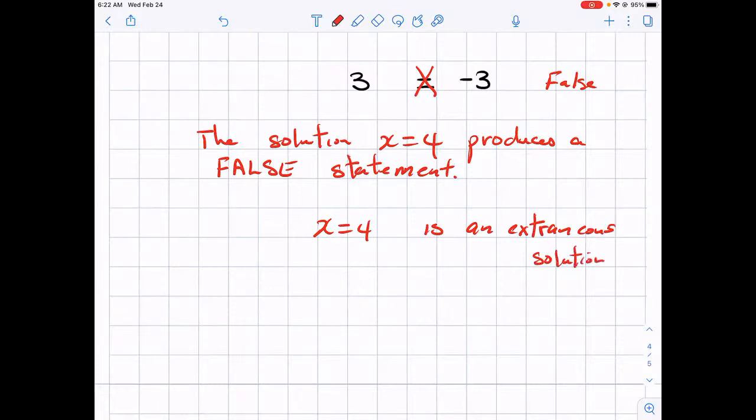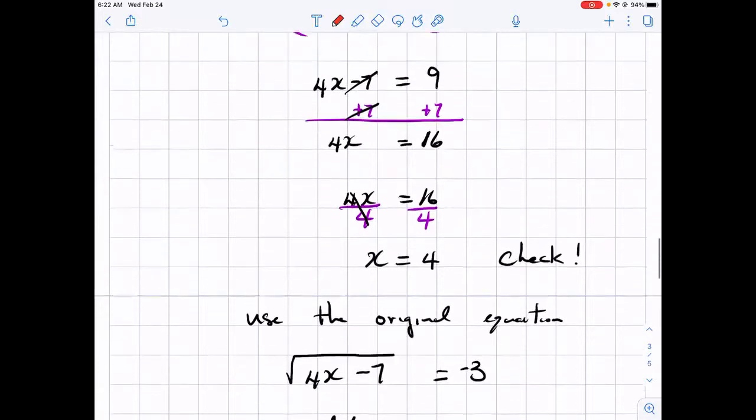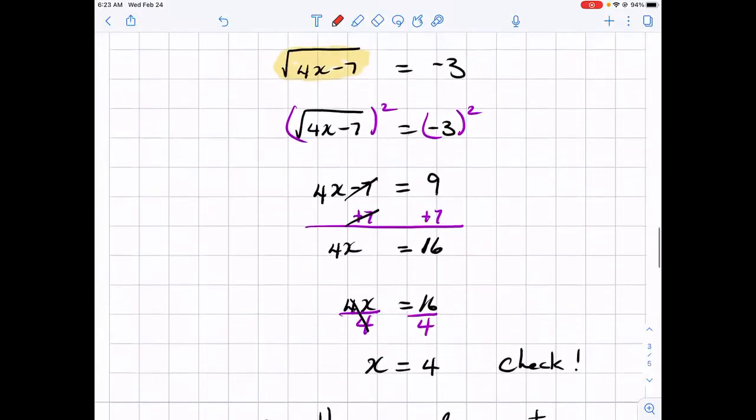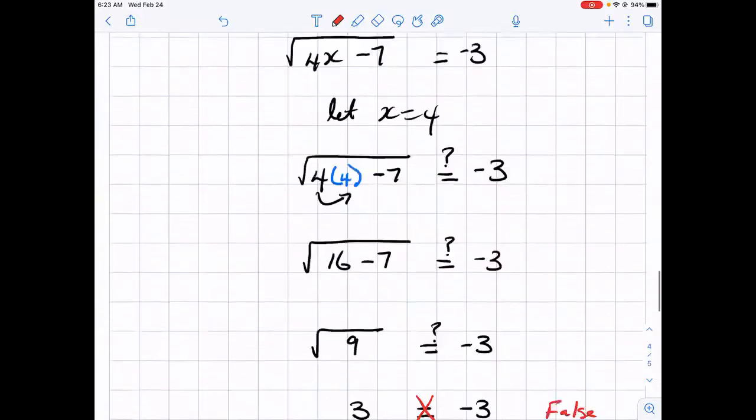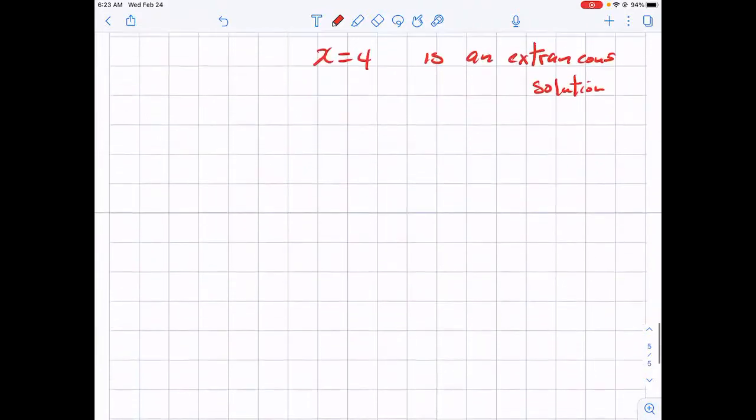It's an extraneous solution. It will satisfy the equation that we squared, okay, but it does not satisfy the original equation. Okay? So in this case, we say that this problem has no solution.